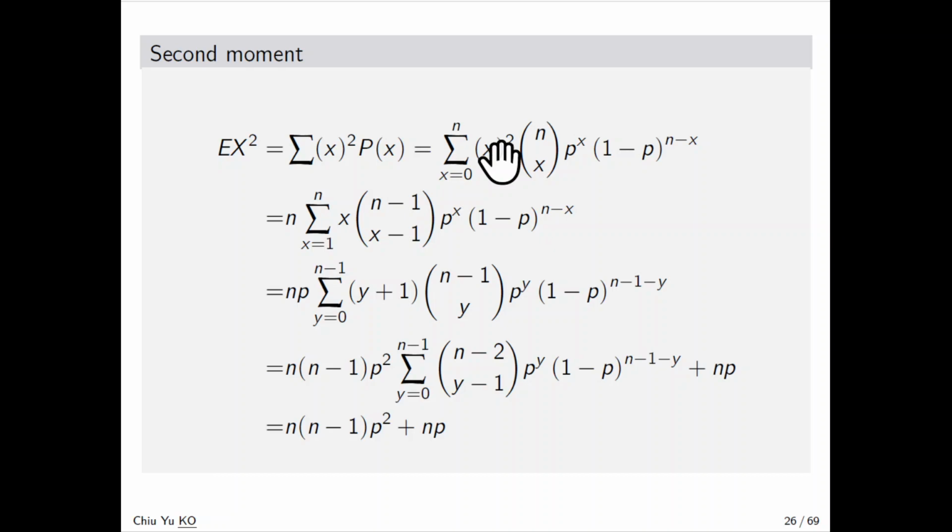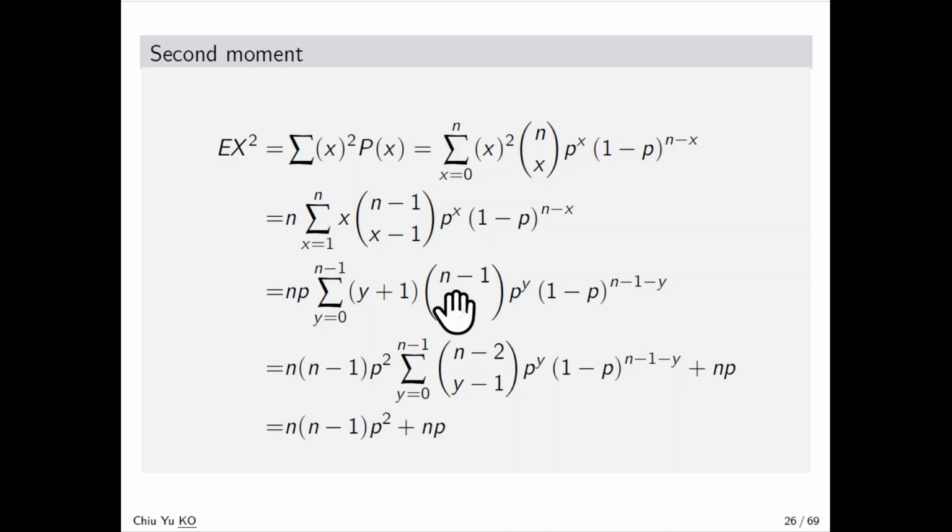Then we do the same trick, x equal to y plus 1, so you go from 0 to n minus 1, and everywhere replace x with y plus 1. Because x is y plus 1, there is a p we can take out, so it's np times this sum.